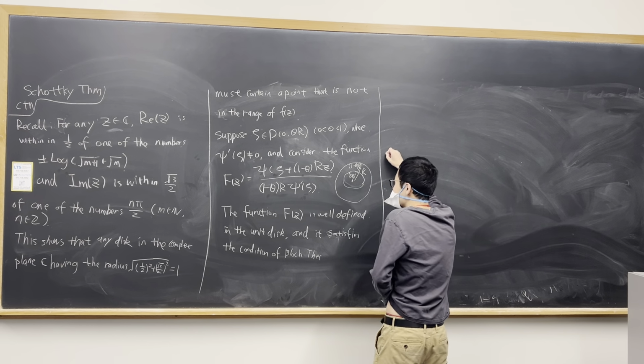So you take the derivative, you get (1 minus theta r) e to the theta plus (1 minus theta r) z over 1 minus theta r, times phi prime. Okay, so now what do we do?